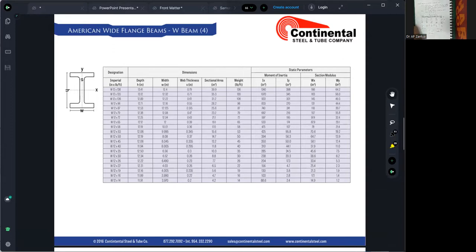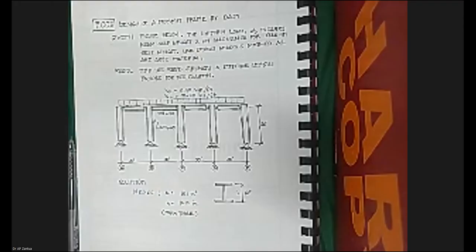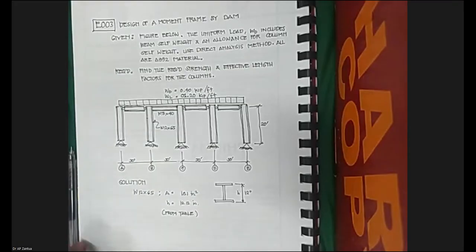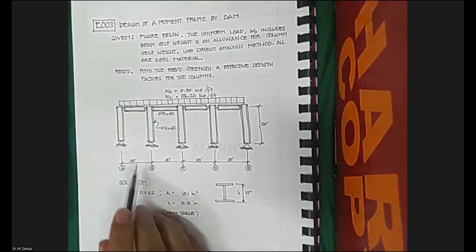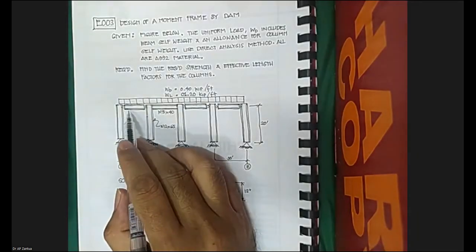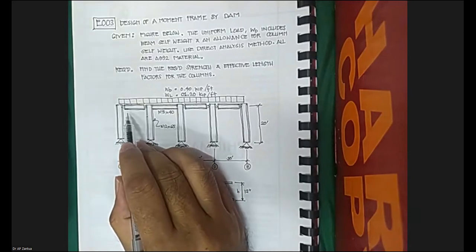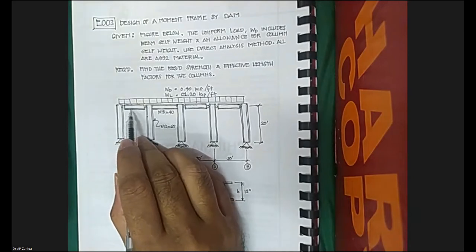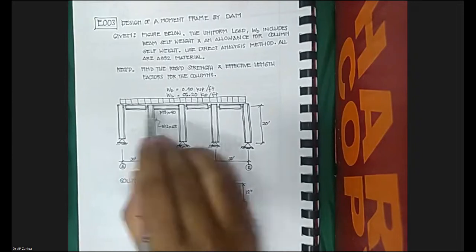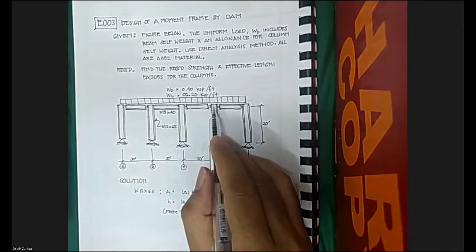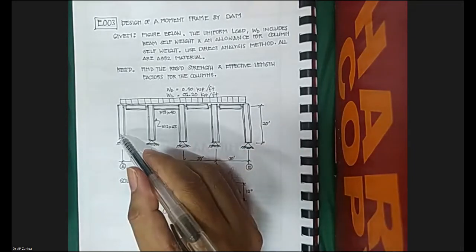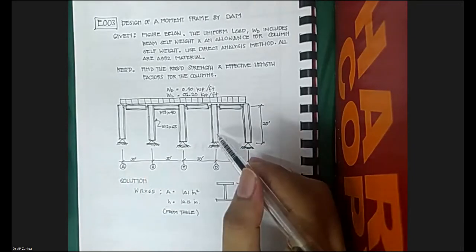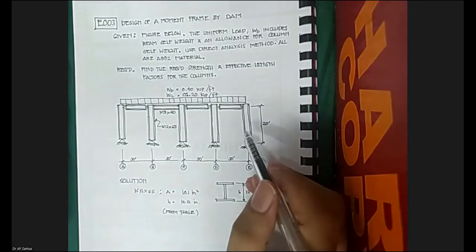Take note. So let's go back to the sheer, to our spotlight. The beam, this is the beam from A to B, C to D, and the columns at A, D, and E are pinned at both ends.